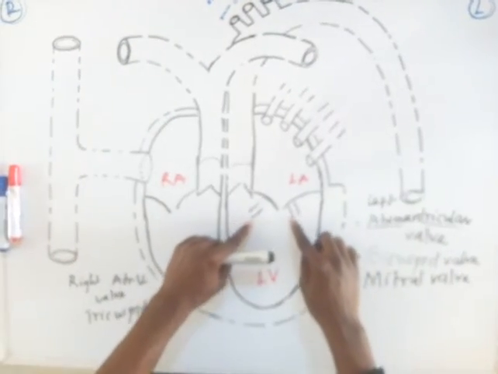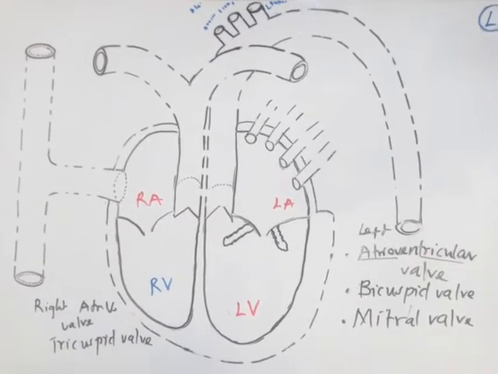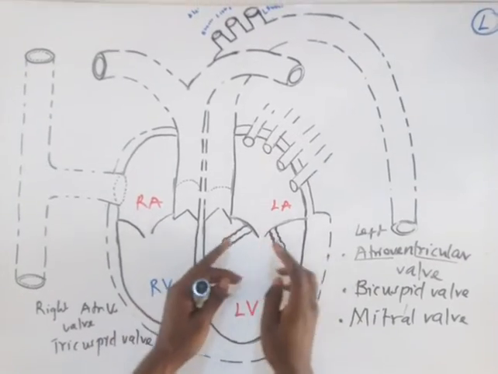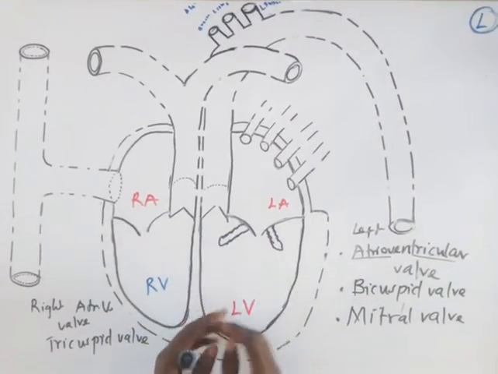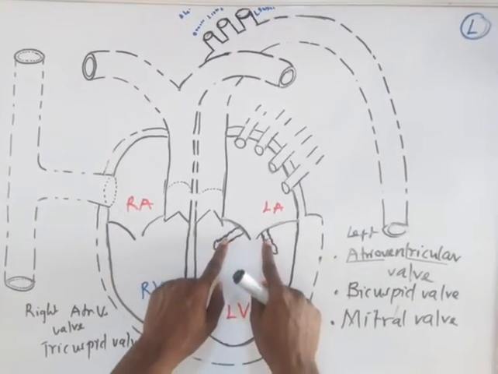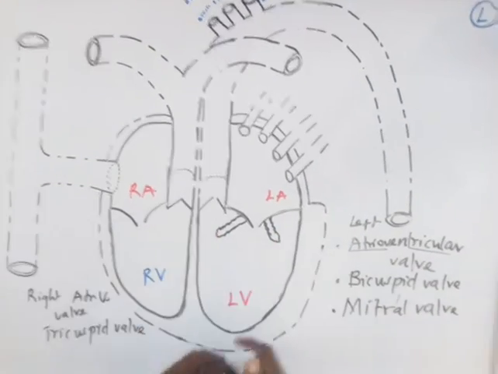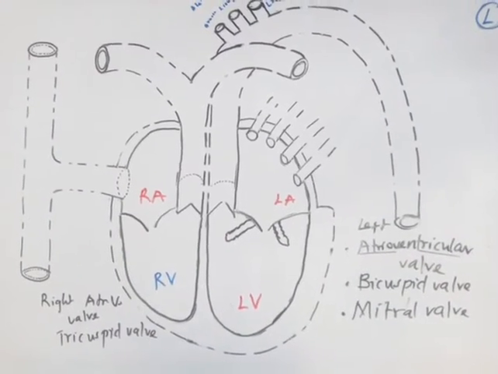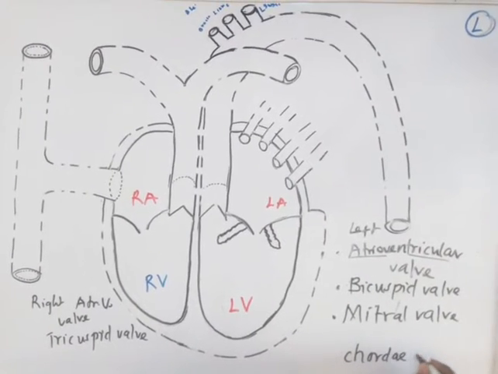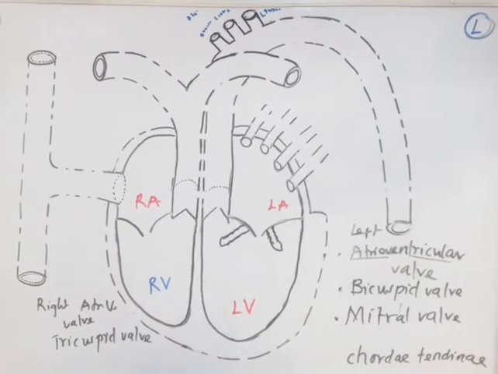Now this valve is held by what we call chordae tendineae. The atrioventricular valve is anchored to the periphery of the ventricle. The chordae tendineae is the Latin name; in English, we call them the tendinous cords.